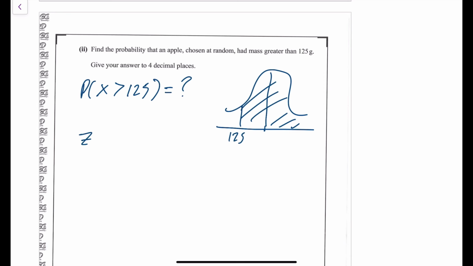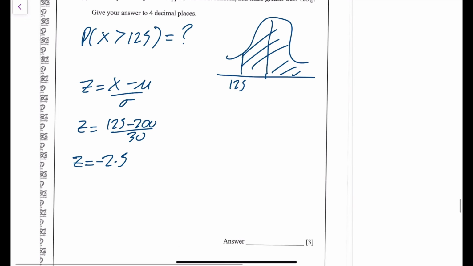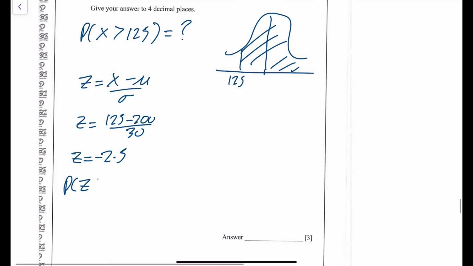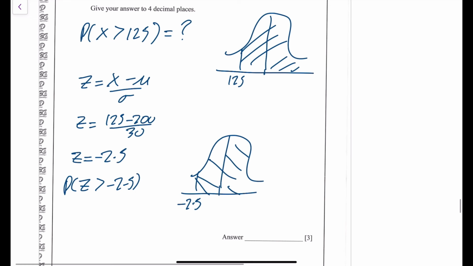Let's do our conversion formula. Z equals X minus mu over sigma. So Z is equal to 125 minus 200 divided by 30. And that gives me Z is equal to minus 2.5. So I really want the probability Z is greater than minus 2.5. So I want this, which I can't do using my tables.